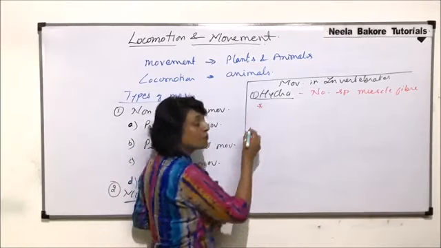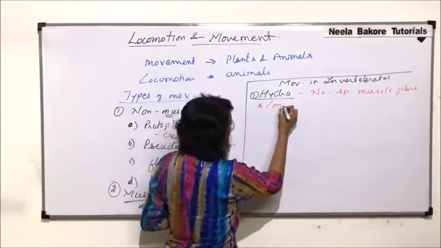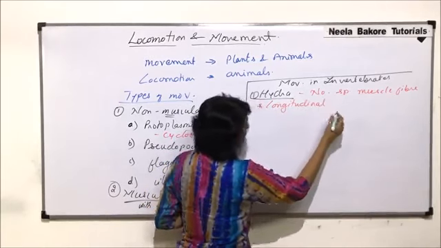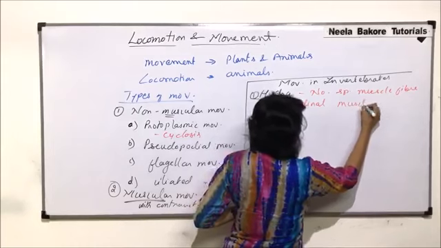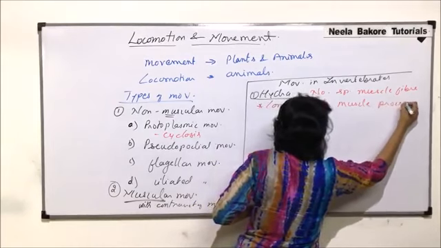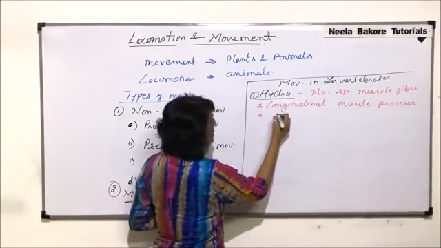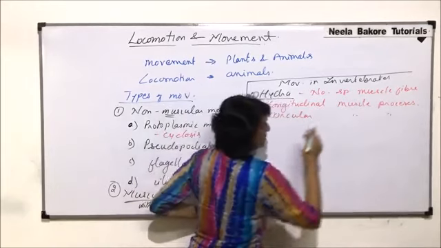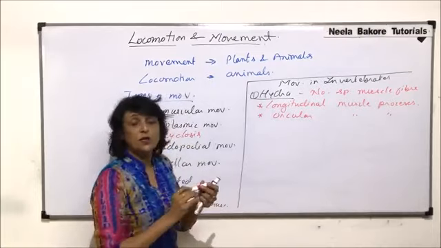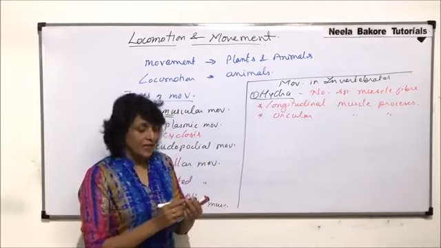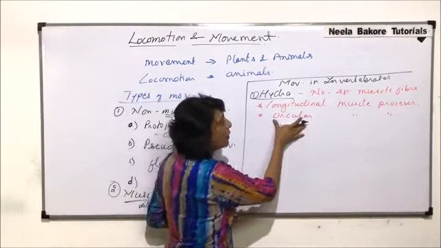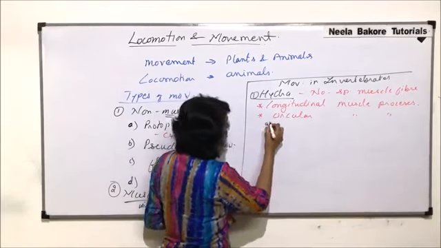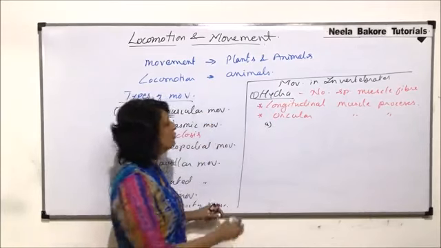So we call those processes longitudinal muscle processes, and the second one are circular muscle processes. These are extensions of those specialized epidermal cells. And with the help of contraction of these muscle processes, Hydra shows multiple types of movements.